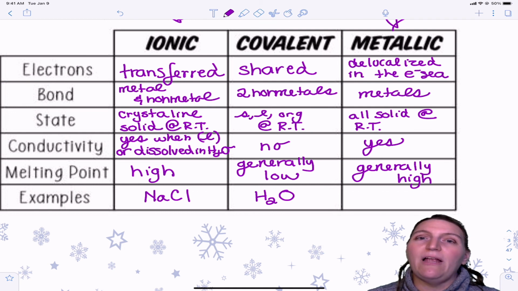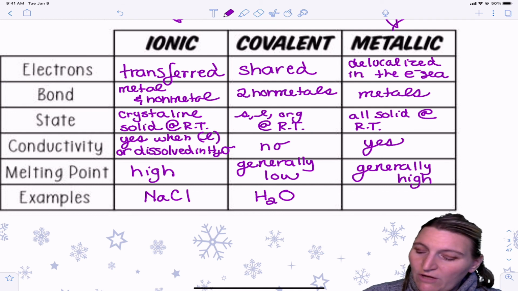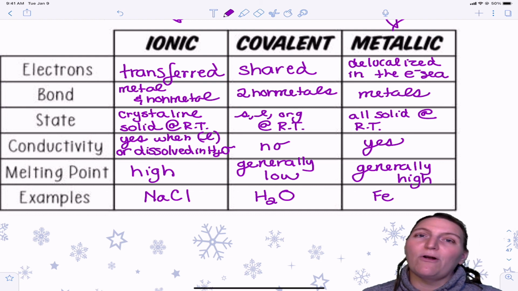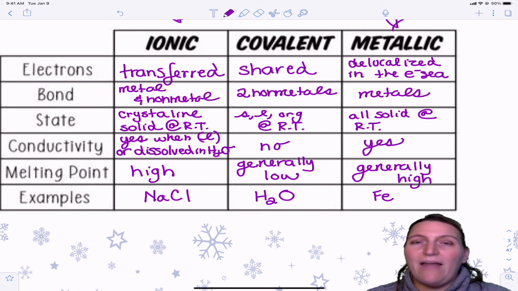You know what that looks like. That is a covalent compound. And anytime that you're talking about a metal, you could think of iron or copper or gold, any of those metals that you have had experience with. So this is just a great overview of what we're going to be talking about in the next 2 chapters. And we will spend lots of time going into much more detail about all these aspects.